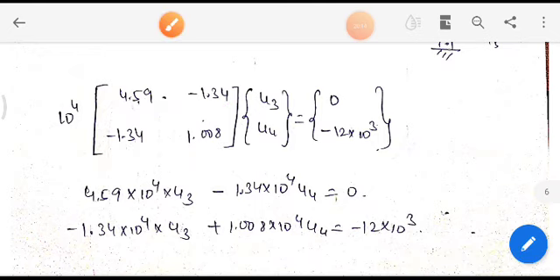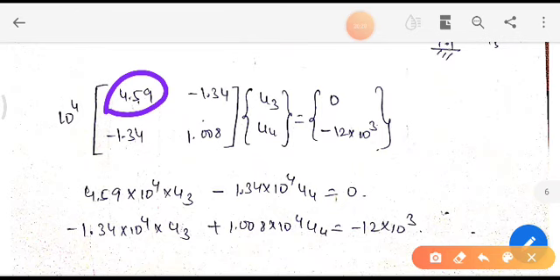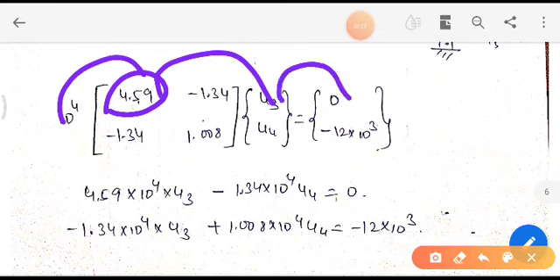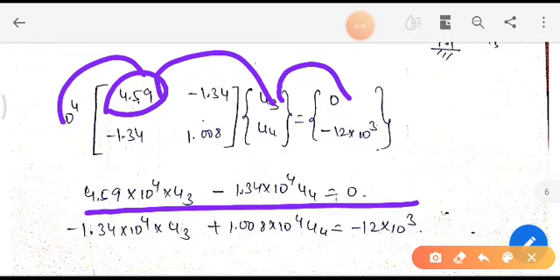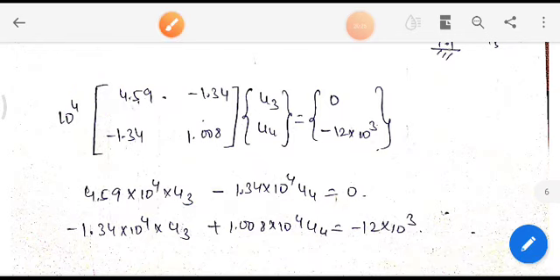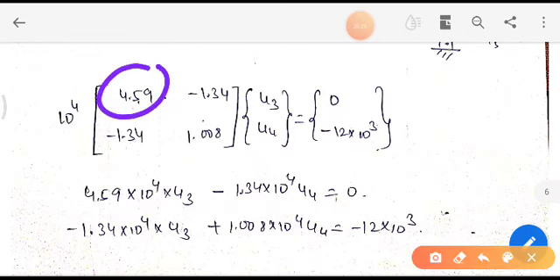What we have done here, first we have multiplied 4.59 into 10 raised to 4 into u3.